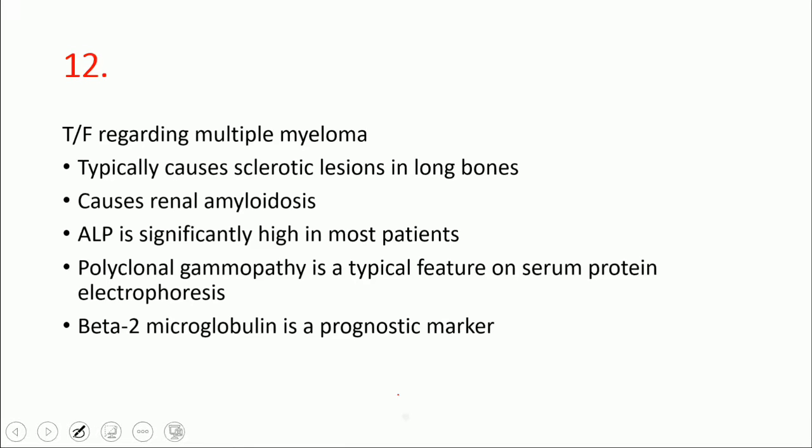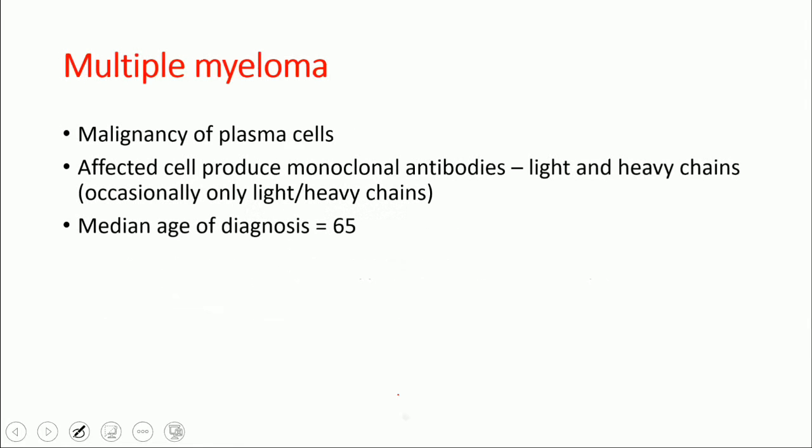Question number 12 is on multiple myeloma. Multiple myeloma is a malignancy of plasma cells, most often in the bone marrow. What they do is produce a single type of antibody.